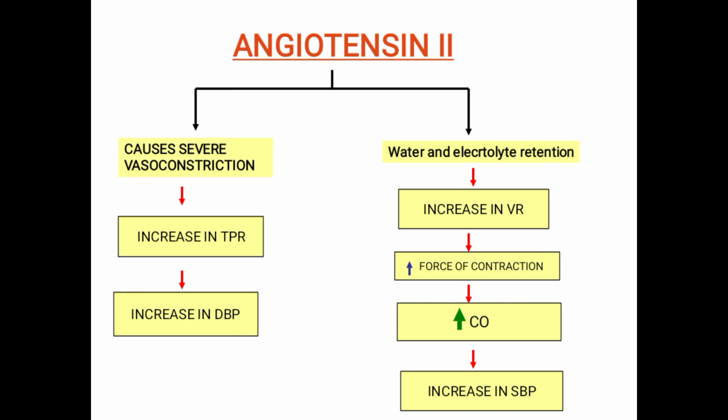What will angiotensin 2 do? It causes severe vasoconstriction and increases the BP. It also causes water and electrolyte retention, which increases the cardiac output. That's this much you have to write.